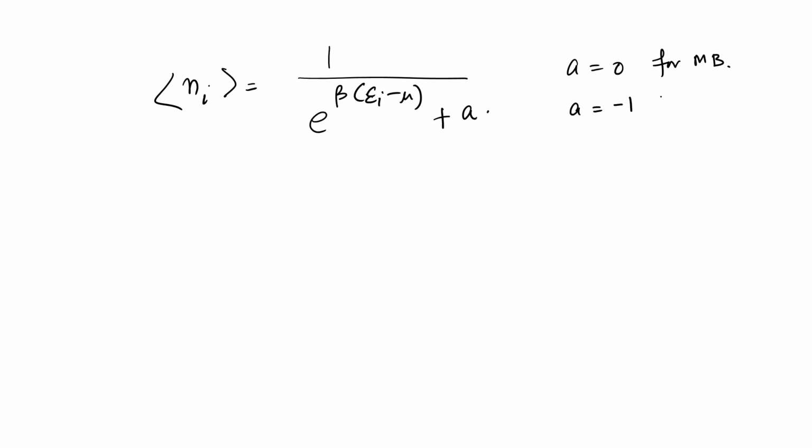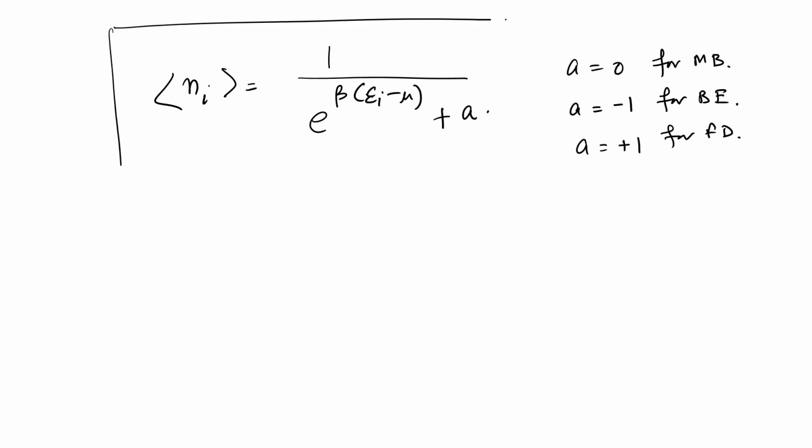So, for the BE distribution, a is minus 1 and a equal to plus 1 for the FD distribution. Okay. So, that is a unified form of writing these distribution functions, and we will see how these distribution functions are very important, because we need to know this average number of particles and so on.